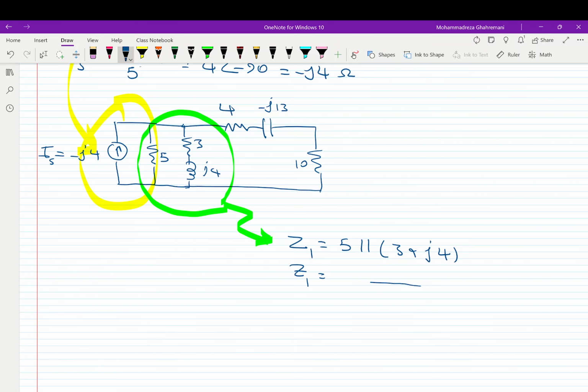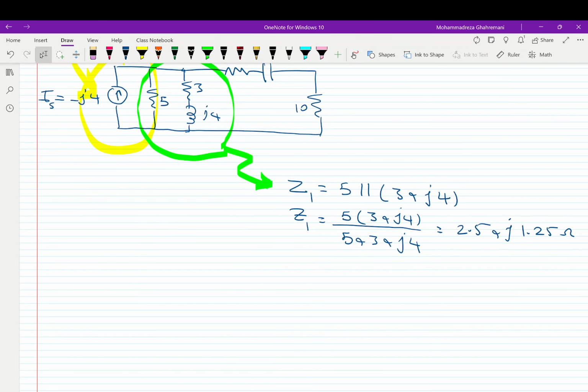Z1 equals 5 times 3 plus j4 over 5 plus 3 plus j4, which is equal to 2.5 plus j1.25 ohms. So the equivalent impedance for this green area is like this impedance. Of course, this one is the resistor and this one is an inductor because it's positive.